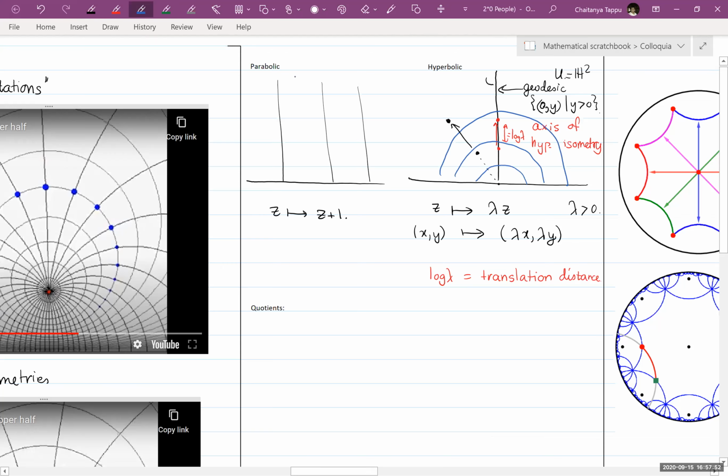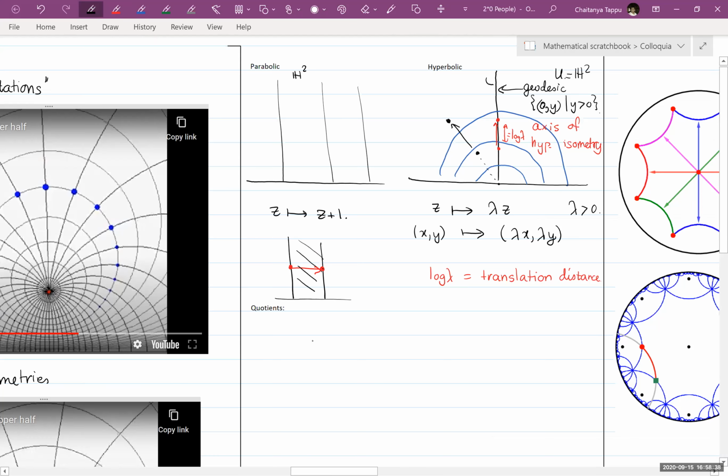Okay, so if you take the quotient of H2 by such a parabolic isometry, in other words, if you take this piece of the hyperbolic plane and identify the two edges using the above formula, then since the parabolic isometry is an isometry, you would expect that the quotient surface can also be given a hyperbolic Riemannian metric, and that is exactly what happens.